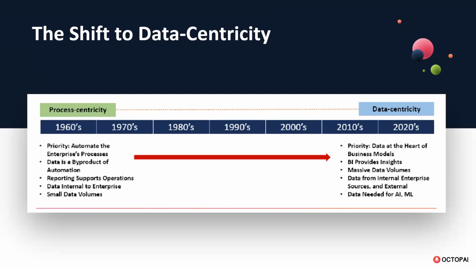And to some extent, that focus has stuck with us today, but the reality has changed over the decades. Today, we can find packages to automate practically anything. The core problem we're faced with is getting value out of data. Data is increasingly at the heart of business models.